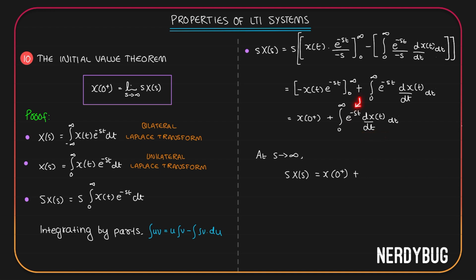But s is infinity, so e raised to minus st will be e raised to minus infinity, which is equal to 0. So this whole term becomes 0. Therefore we can write limit s tends to infinity sX(s) will give us x(0+). And this is the required proof.